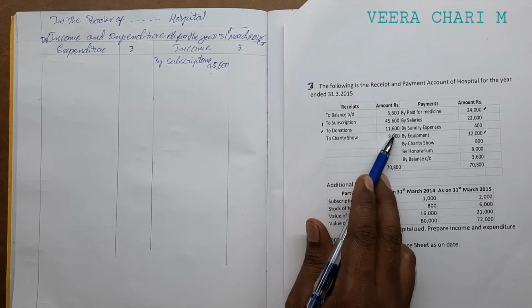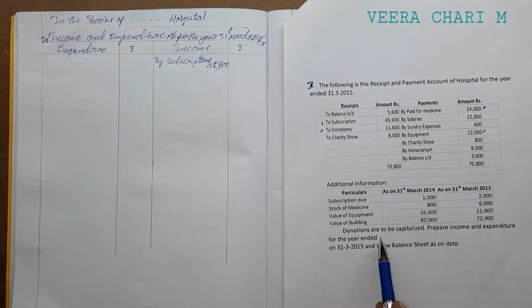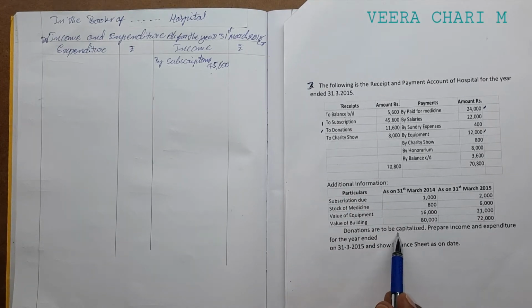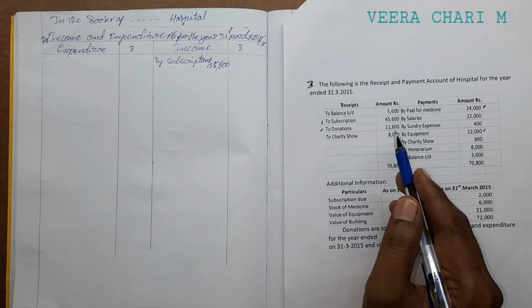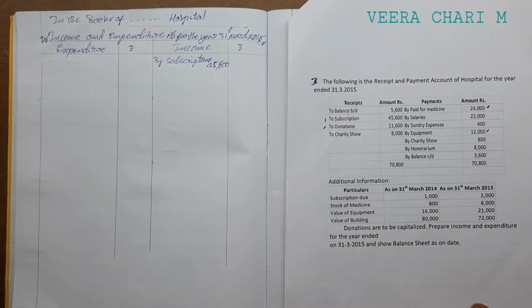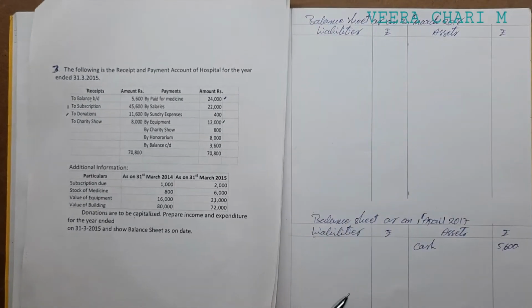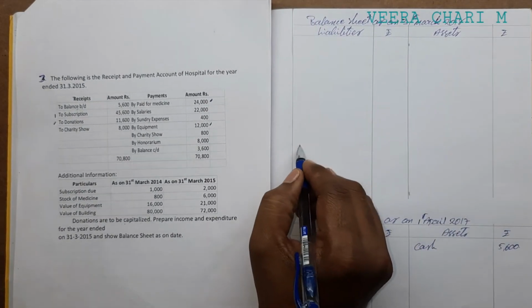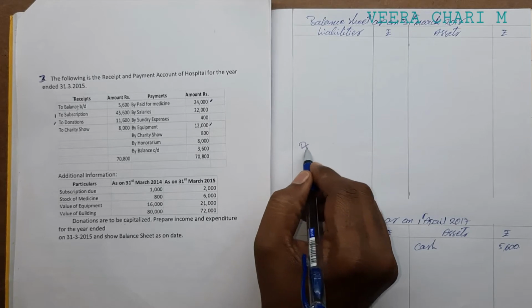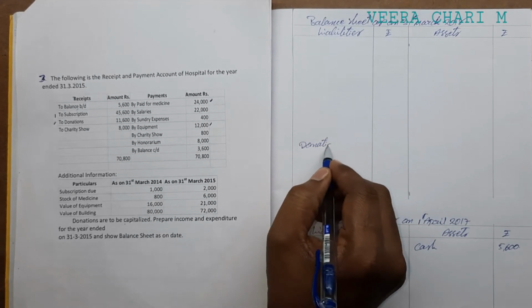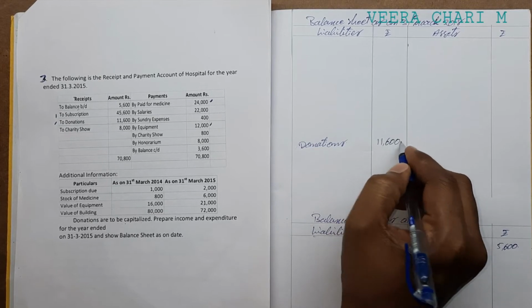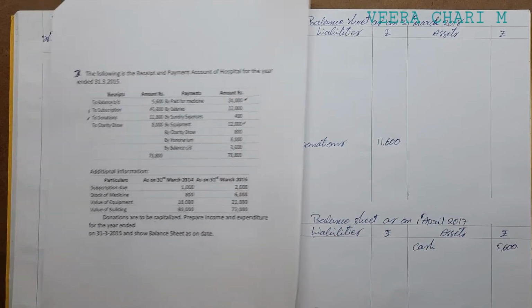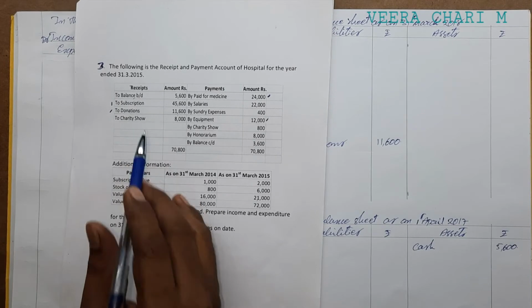Next, donations. You see here that the donations adjustment is clearly mentioned. It is capitalized, which means in the closing balance sheet, whatever the donation amount of 11,600, we should write under the liability side. That is donations, 11,600. Next, it is the charity show.